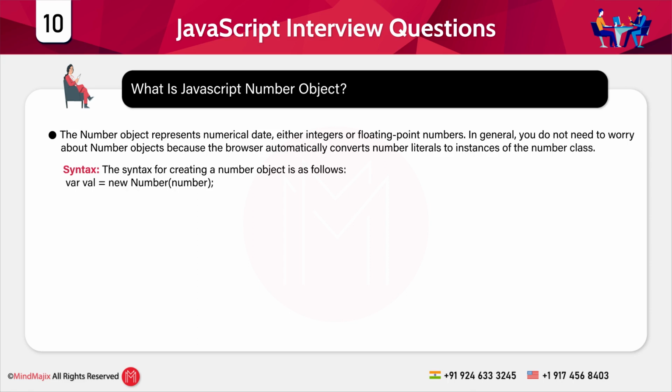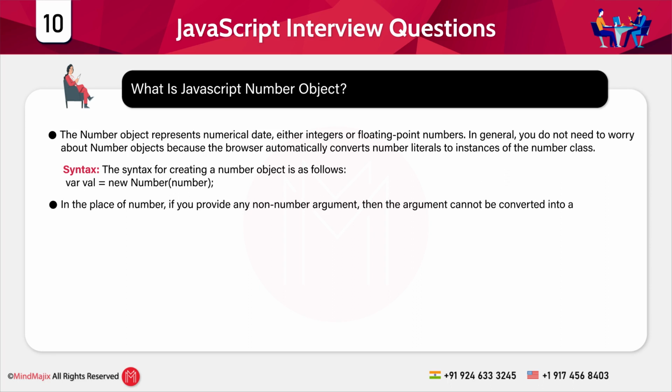For example, var val equals new Number and pass one value as the parameter. In the place of number, you can provide any non-number argument. If the argument cannot be converted into a number, in that case, it returns NaN, that is not a number.